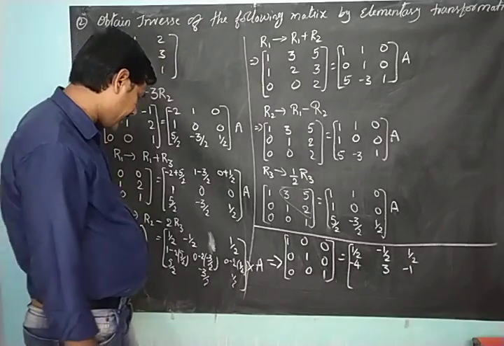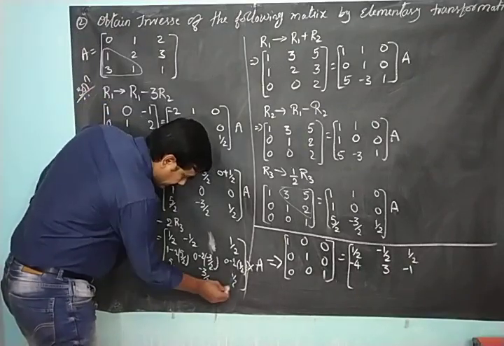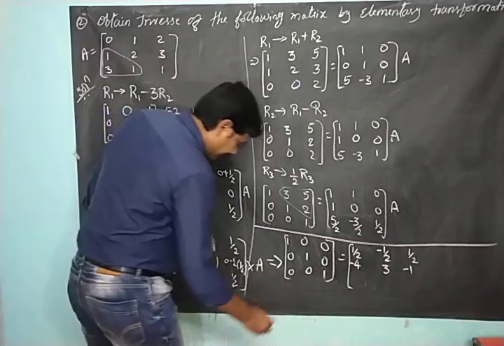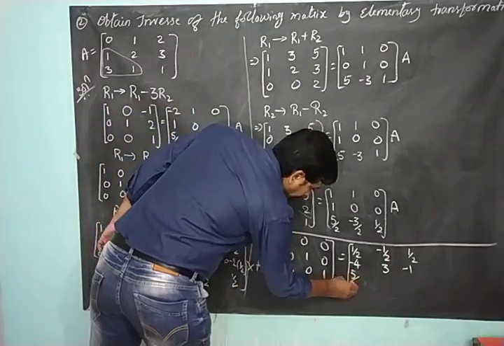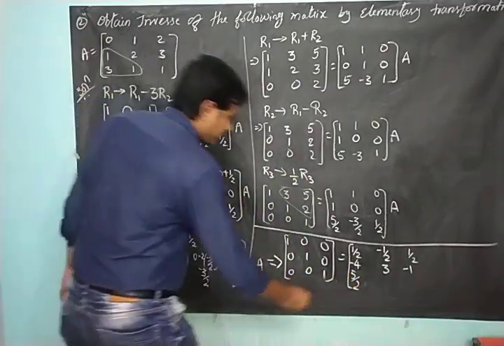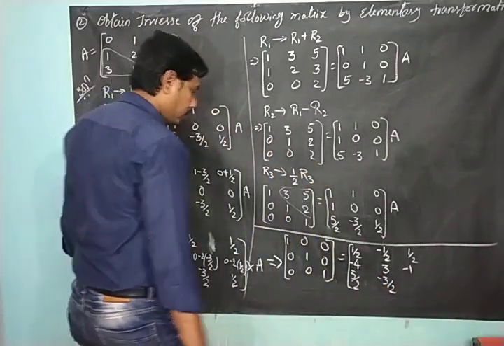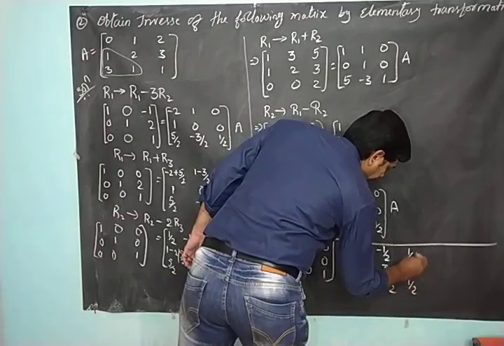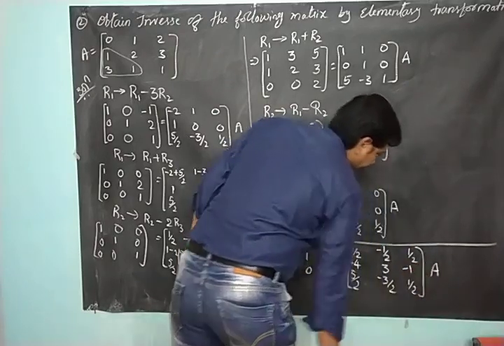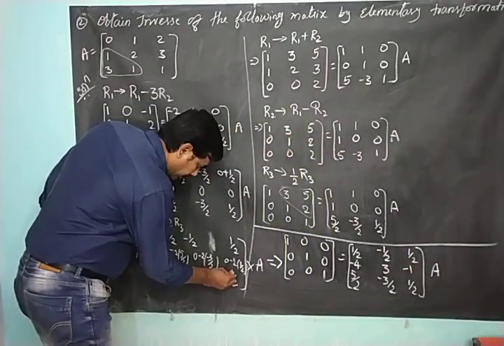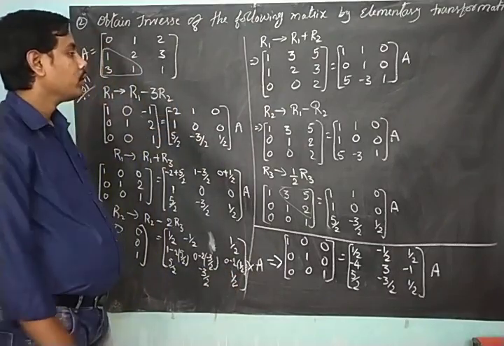And the bottom remains as it is: 5 by 2, minus 3 by 2 and 1 by 2 into A.